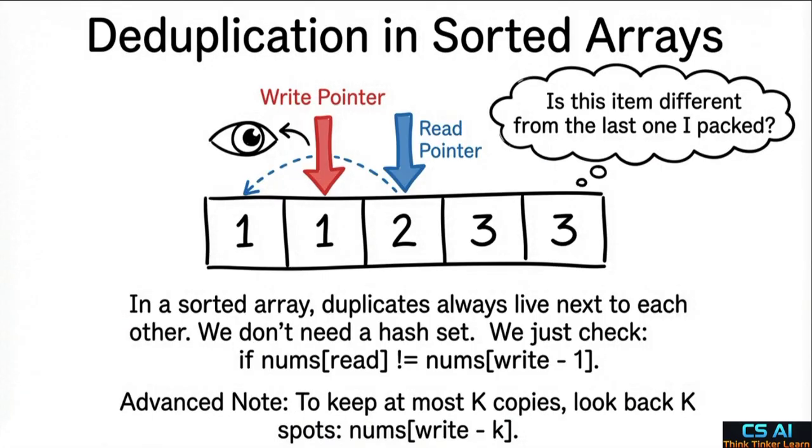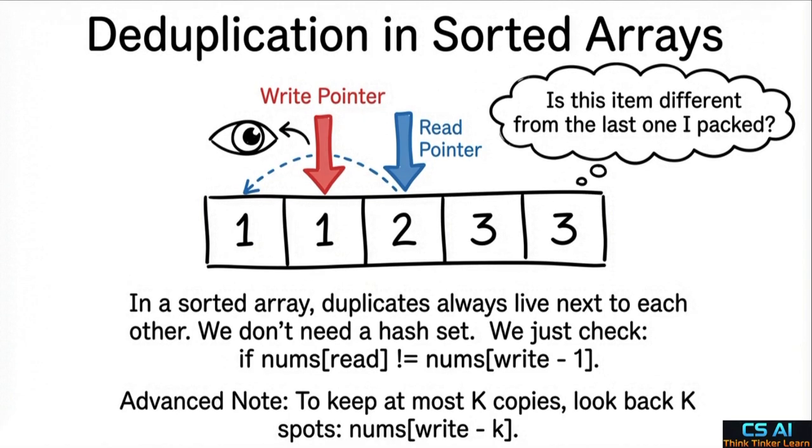We can use the same logic for deduplication, especially in sorted arrays. Because the array is sorted, we have a massive advantage. Duplicates always live right next to each other. We don't need a heavy hash set, which could cost O(n) space, to track what we have seen.